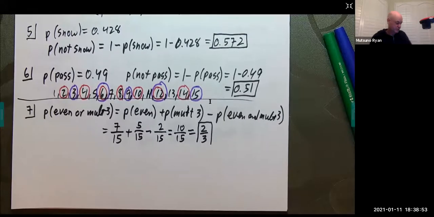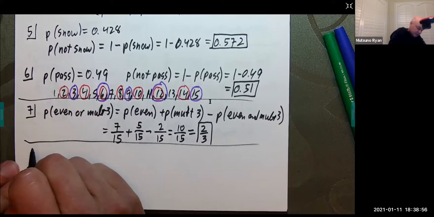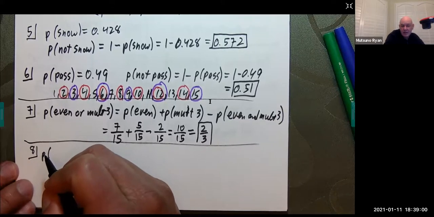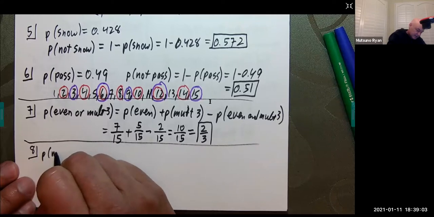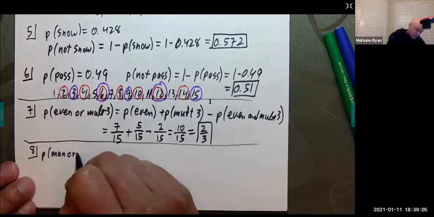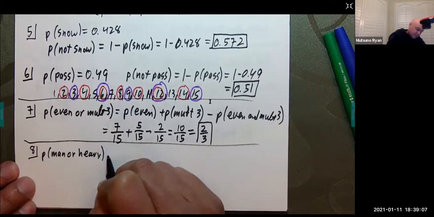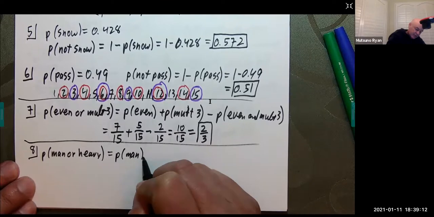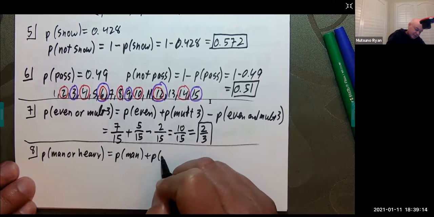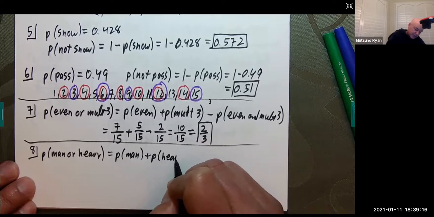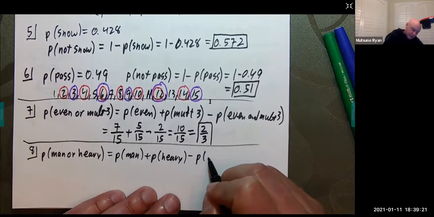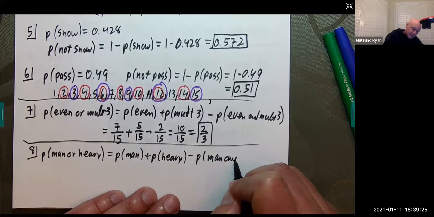All right, so number 8 wants to know the probability of randomly selecting a man or a heavy smoker. It's going to be the probability of randomly selecting a man plus the probability of randomly selecting a heavy smoker minus the probability that it's a man and a heavy smoker.